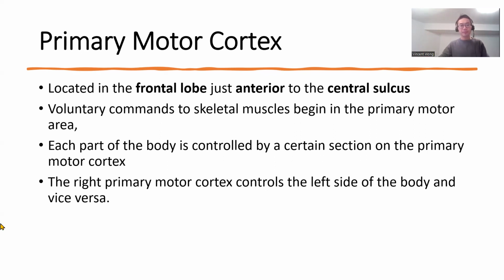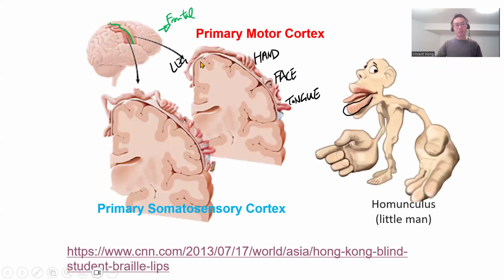Okay? So each part of the body is controlled by a certain section on the primary motor cortex. If I have to move the leg, it would have to start from closer to up here, a longitudinal fissure. The hand, the face, the tongue, so on and so forth. Right? So unless you damage the whole thing, then you have complete paralysis of that side.